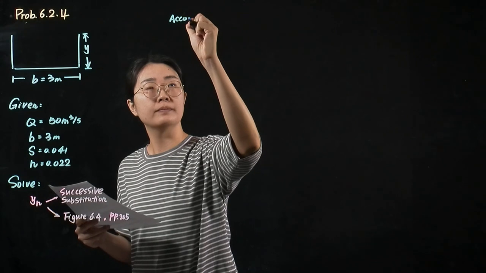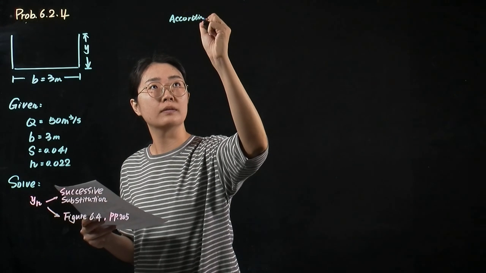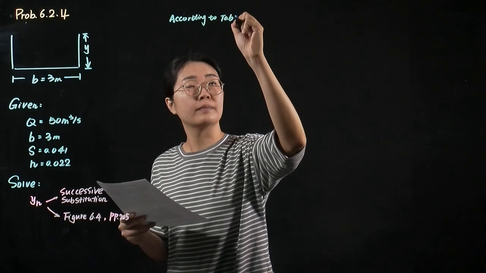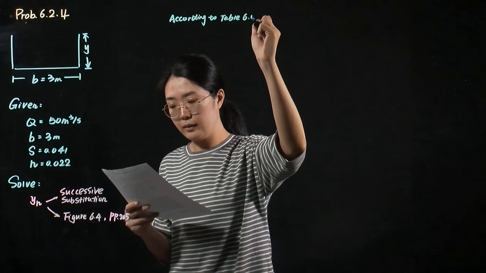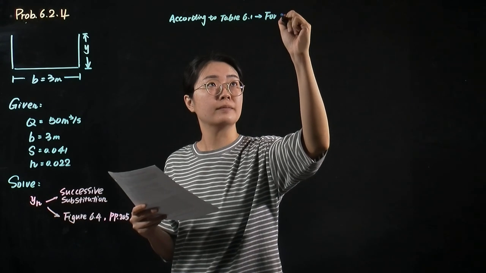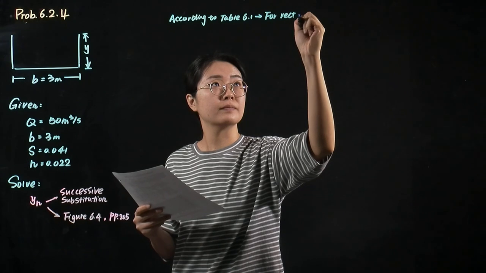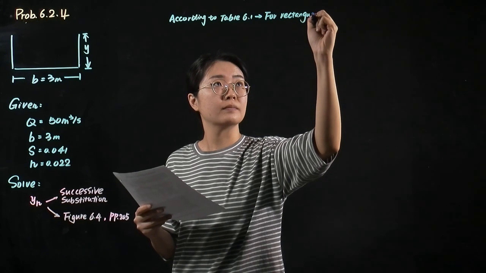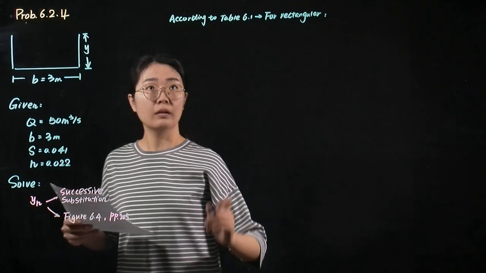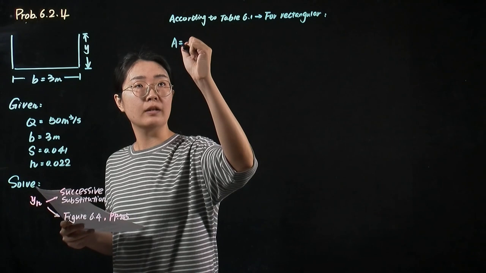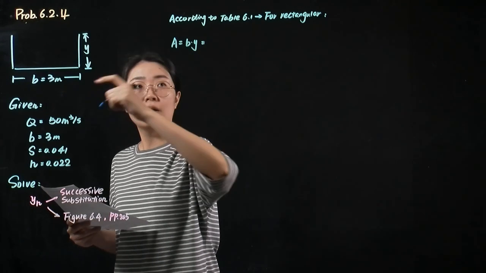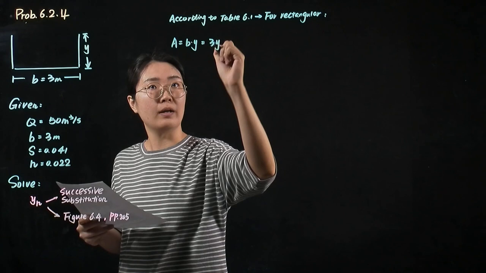According to table 6.1, for a rectangular cross-sectional area, the area equals b times y, which equals 3 meters times y, so 3y.